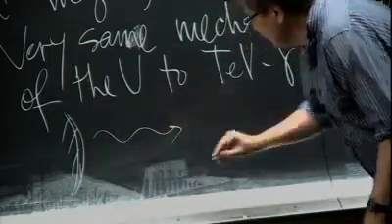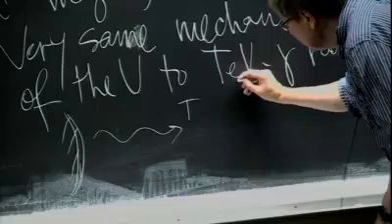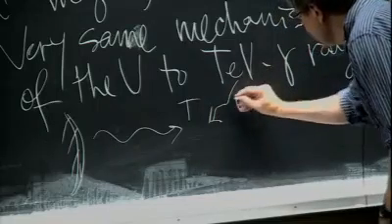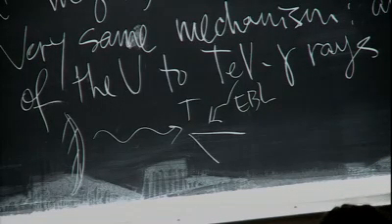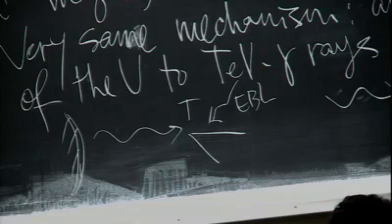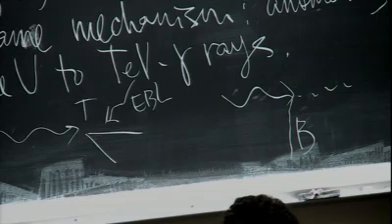the TeV gamma rays can scatter on extragalactic background light, produce e plus, e minus, and you would lose the gamma rays this way. The idea now is that the gamma rays will convert into axions in some magnetic field that is present at the source.